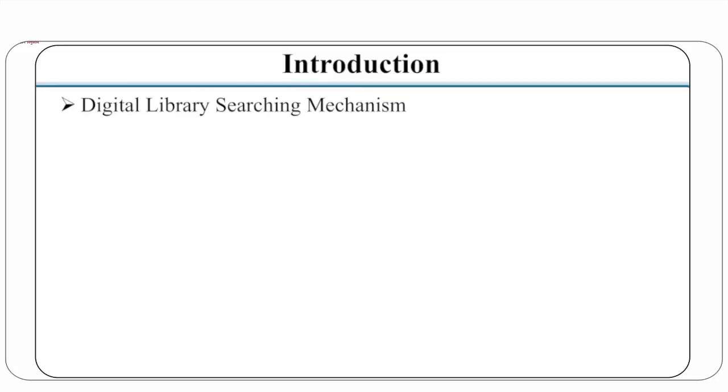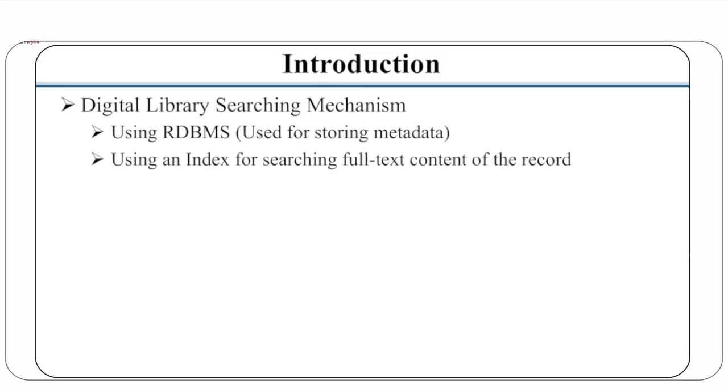Most of the digital libraries facilitate the searching through the RDBMS, which stores the metadata information of the digital library content, or by using a full text index to allow for searching of the contents of the digital library.